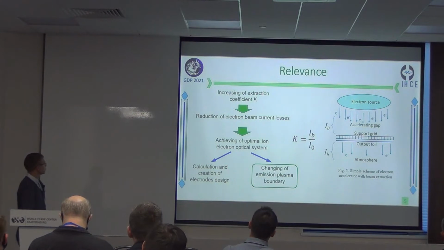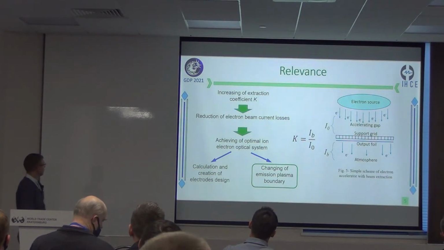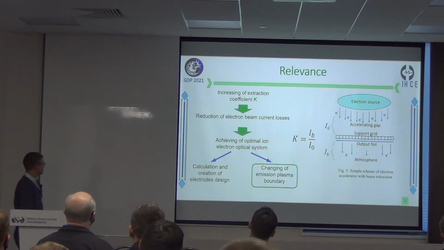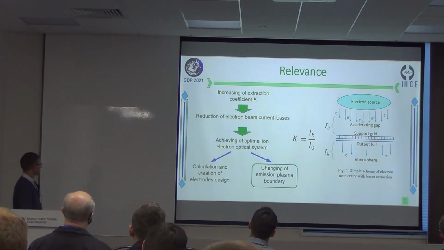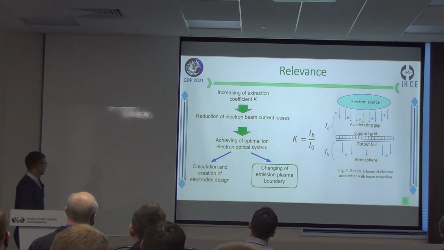To increase the extraction coefficient, the reduction of electron beam current losses is used. For this task, one must achieve an optimal ion-electron optical system, and there are two main methods. First is calculation and creation of electrode design, and second is changing of the emission plasma boundary.